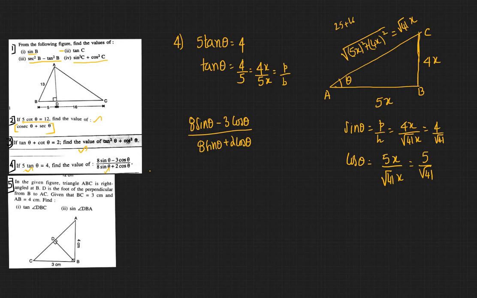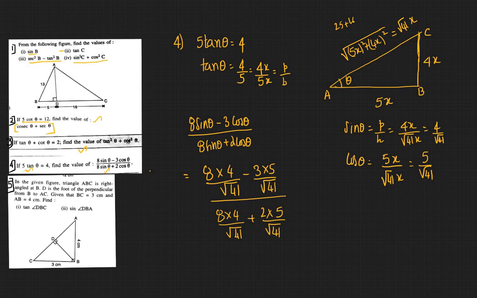Now let's straight away substitute it in this and see what happens. So 8 into 4 divided by square root of 41 minus 3 into 5 divided by square root of 41, divided by 8 into 4 divided by square root of 41 plus 2 into 5 divided by square root of 41.